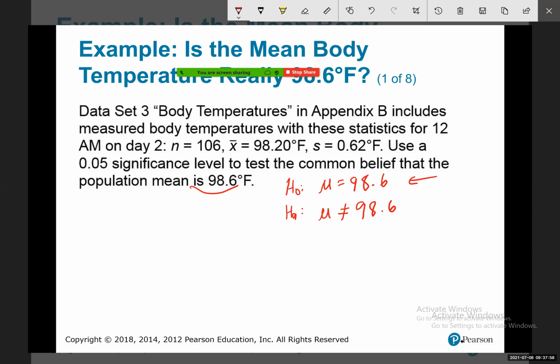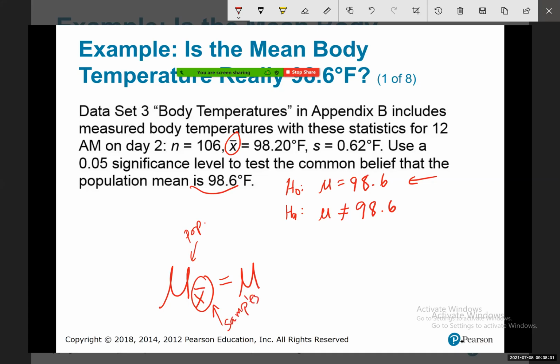Do we have to write mu with the X bar? Mu is for population, X bar is for sample. All right, because the notation you gave us earlier was mu of X bar.